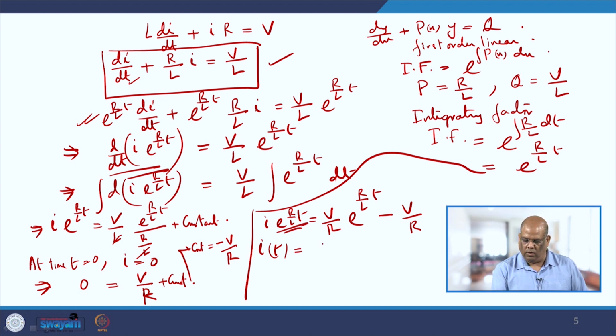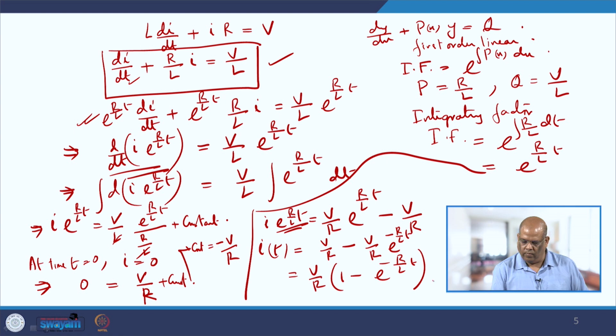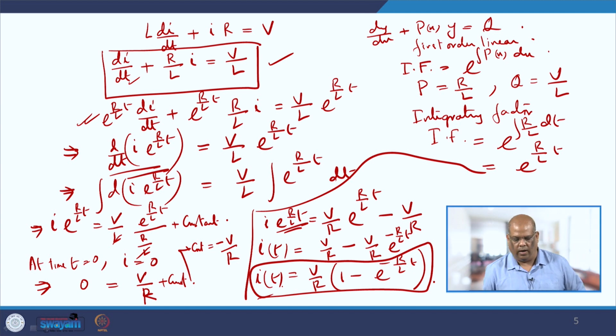This is equal to V by R minus V by R e to the power minus R by L t. If I take V by R common, 1 minus e to the power minus R by L t. So this is the equation which now represents the current.